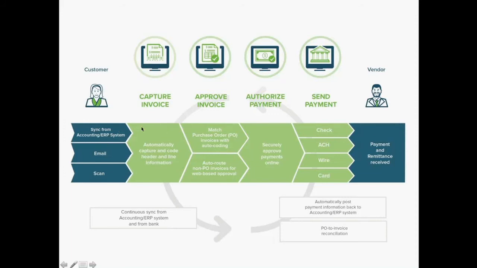One of the really great parts of the product is that we do automatic invoice capture. As the invoice comes in, we're capturing both header and line level information for you, and through a combination of technology and human intervention, you're getting 99.5% accuracy. For those who have used OCR solutions in the past, you know how terrible they are.